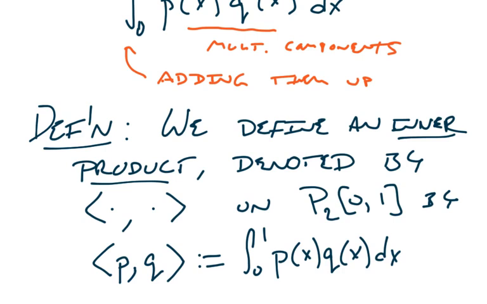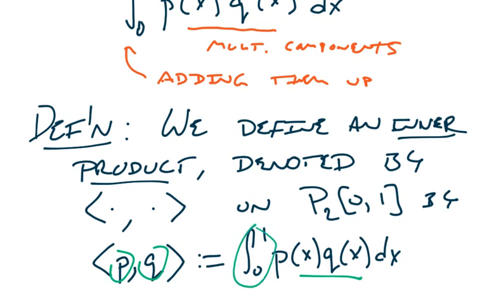Alright, so the first thing I want you to realize is that this thing takes in two vectors, which just happen to be polynomials because that's the space that we're living in right now. And it multiplies them together to make a new polynomial of degree 2 or less. And then it integrates.